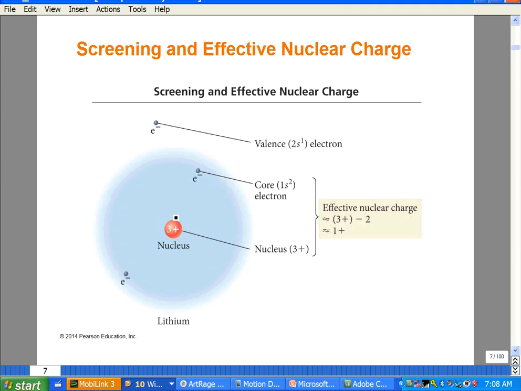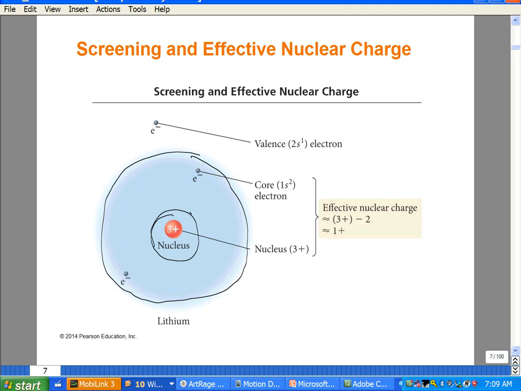What happens when you have shielding is that your nucleus, whatever positive charge that you have, is surrounded by a cloud of electrons of negative charge. The cloud of electrons closest to the nucleus are the core electrons. The core electrons are the ones that are more effective in shielding that positive charge.